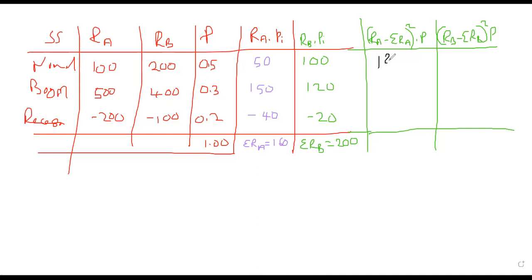So here, 1,800. Can somebody lead us? How do we find the answer here? What do we do? 500 minus what? Minus the expected return, which is 160, equals, then we square the answer, then you multiply by the respective probability of 0.3. So here we're going to get 34,680.